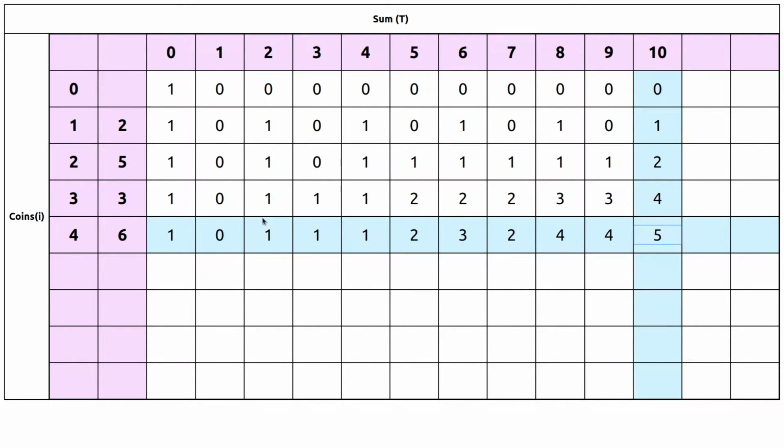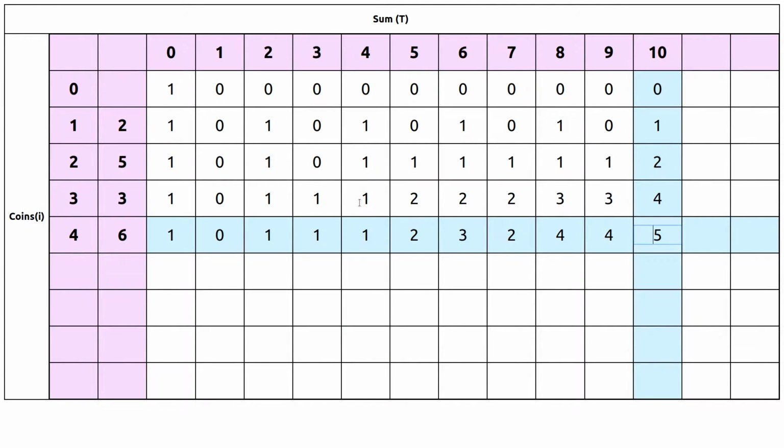So when we were filling the table, we did 10 minus the current item. 10 minus 6 will be 4, and if we look at the fourth column, there is one possibility. So that means we can sum up to value 10 by including 6, and the number of ways in which we can sum up to 10 by including 6 is 1.